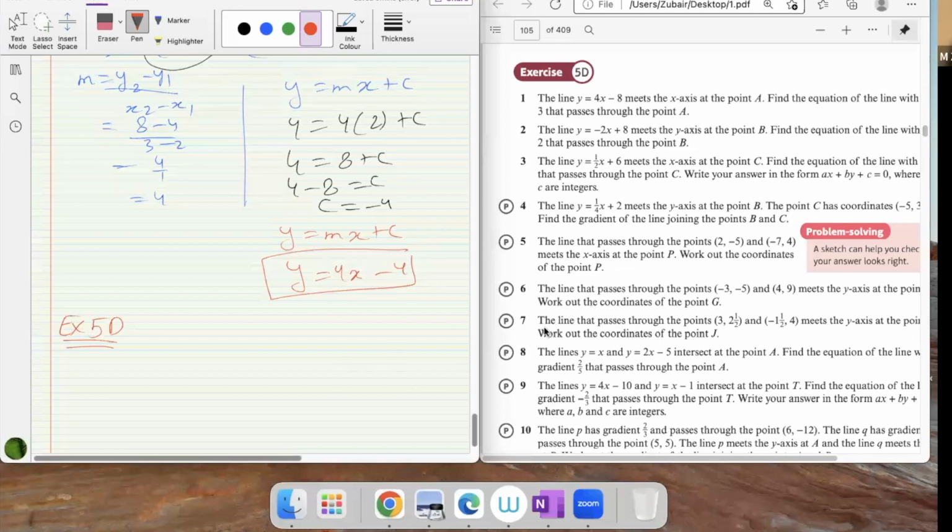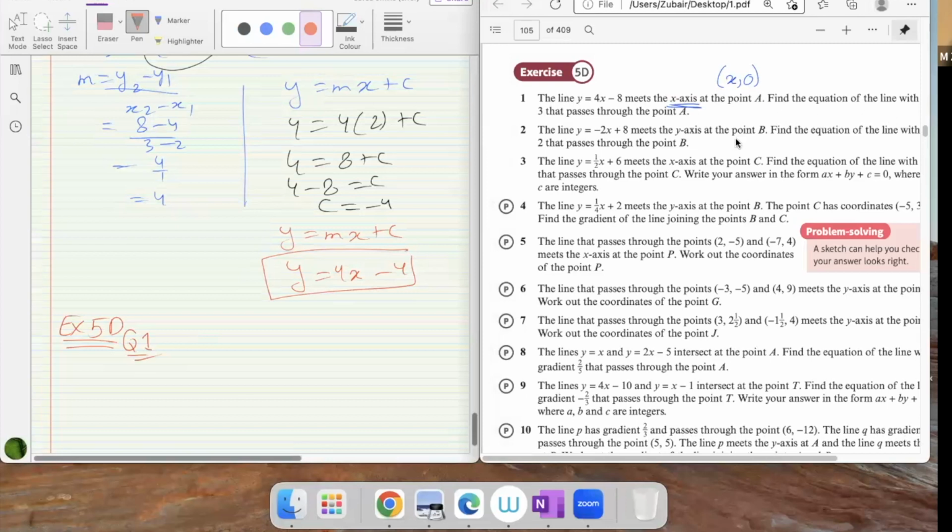Okay, exercise 5D. Let us try a few questions. Question number 1. It says the line y is equal to 4x minus 8 meets the x-axis at point A. If it is meeting at the x-axis, that is x is unknown and y is 0.